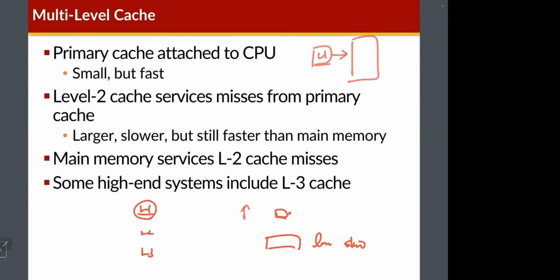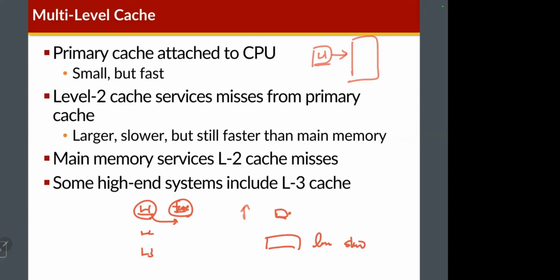The size of the L1 cache is smaller compared to the L2 or L3 cache. Why? We need a fast cache, which means that if the size of the L1 cache is very small, then we can access the L1 cache very quickly.